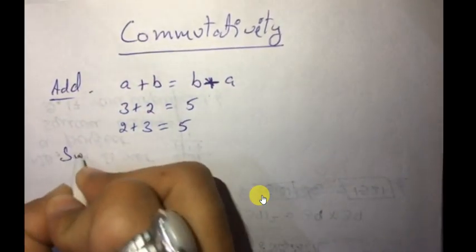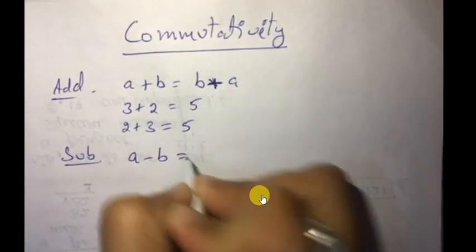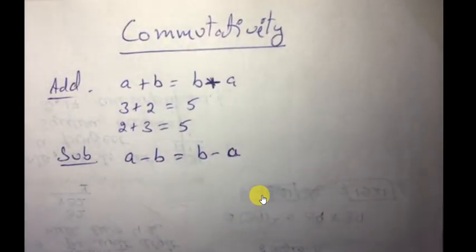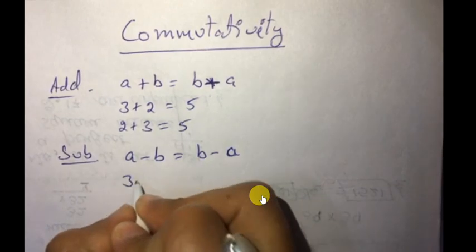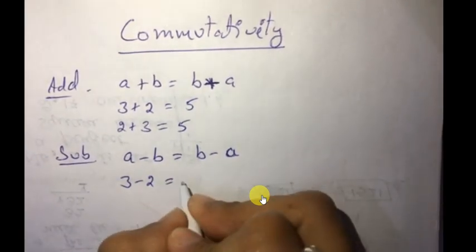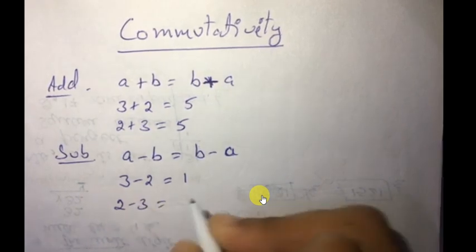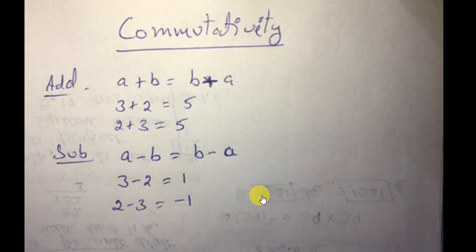Now next is subtraction. It states A minus B will be equal to B minus A. A number subtracted from another number should give the same result if we reverse the order. So let's check it out. 3 minus 2 gives you 1, whereas 2 minus 3 gives you minus 1. You have to check this also.